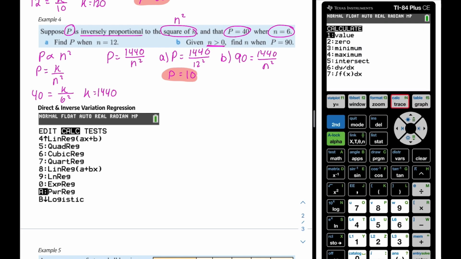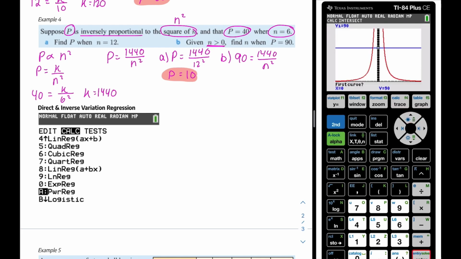So that means I'm going to find that point of intersection that is towards the right. First curve, second curve. And then we are looking for the intersection point. So we're going to use the point which is closest to the right. So we get the intersection point 4 and 90. So that means that n is equal to 4.